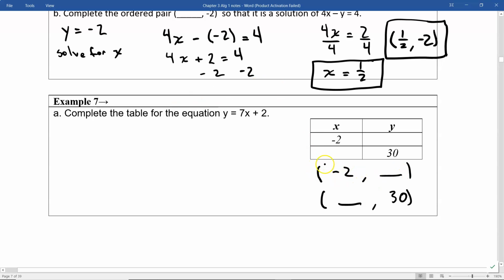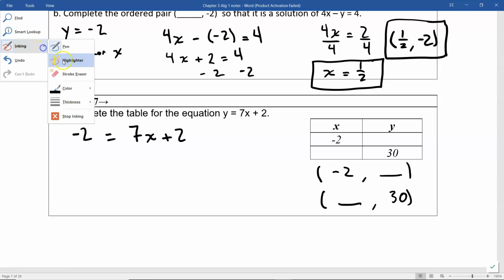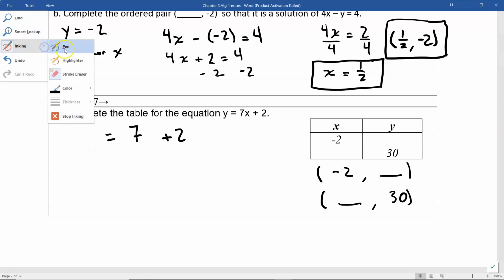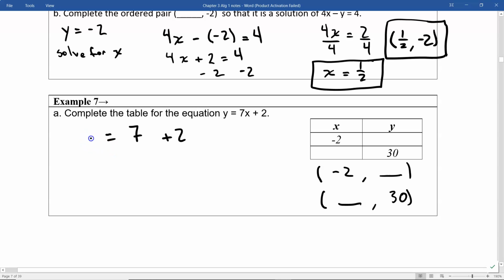So you want to solve for both of these ordered pairs using that equation. So in the first instance, we get -2 is equal to 7x plus 2. Did I plug that in right? I did not plug that in right. Hold on. I can tell immediately. So, our y coordinate is not given to us, so it's still unknown.